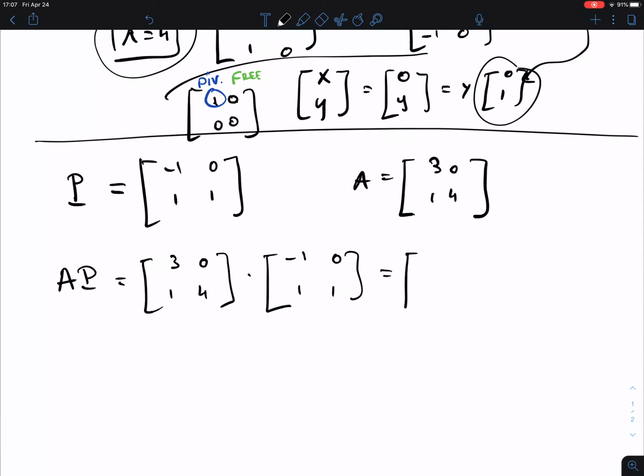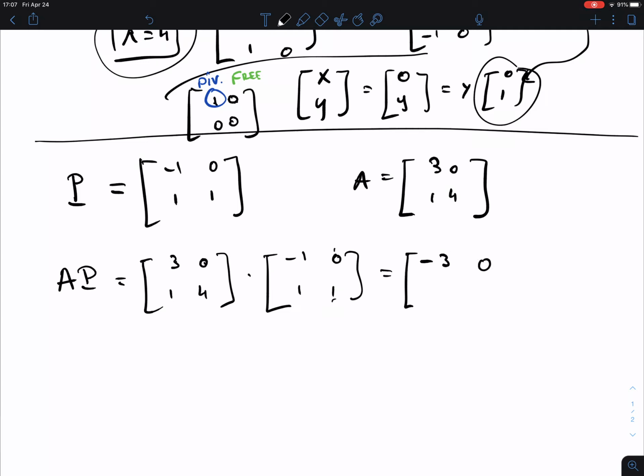Okay, so if I multiply this, I hope you still know how to multiply, right? You take these two, multiply them, and then these two, multiply them, and add all this up. So we get minus 3, right? And then for this element, you do 3 times 0, 0 times 1, so the whole thing is 0.